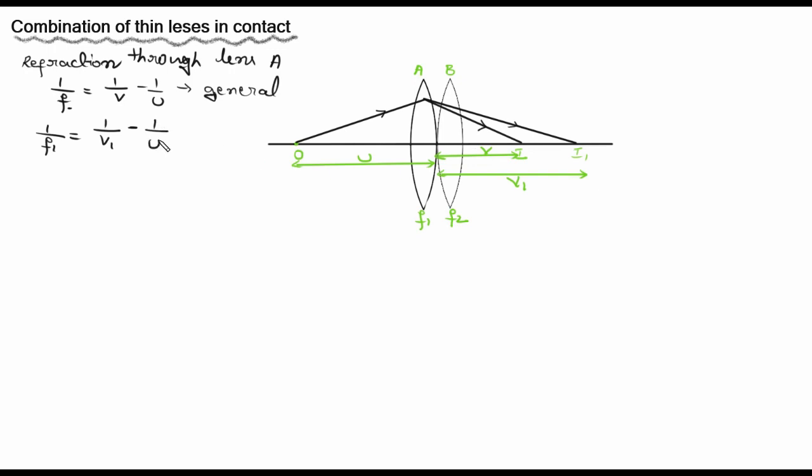Call it equation number 1. So this is about the refraction through lens A.